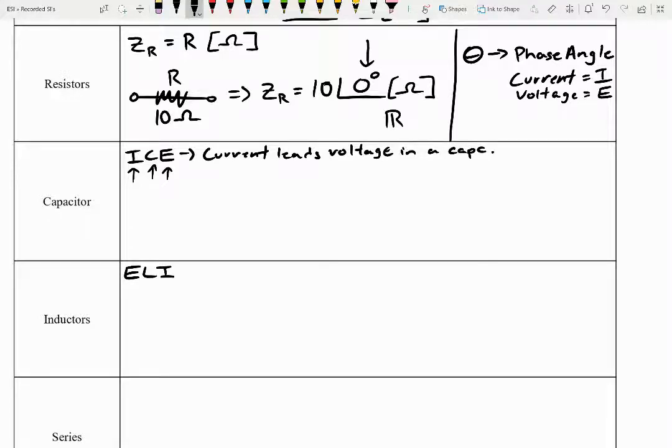We can think of it like the real and the imaginary graph that we had drawn before. So if I drew this out here, where this is at a 90-degree angle. So ideally, right here, this is 90 degrees. So we can imagine that this voltage here is following that current, and it's following it at an angle of 90 degrees. So it's 90 degrees behind the current.